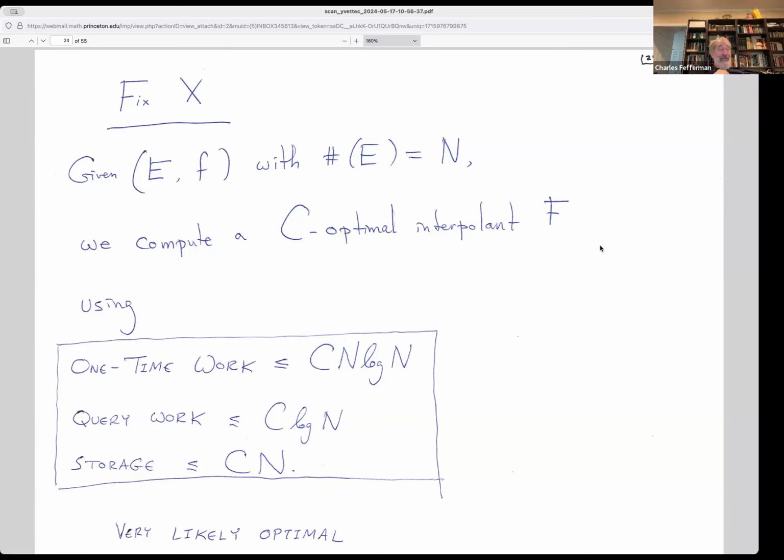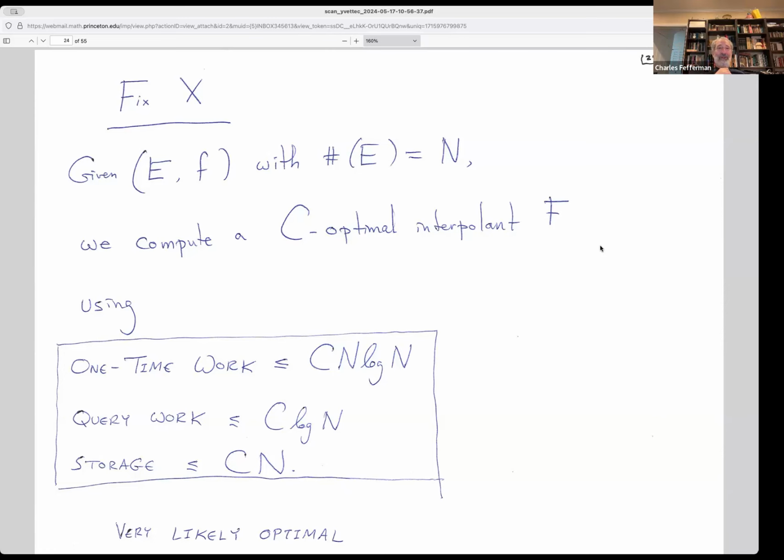And if you do that, the storage is N, within a constant factor of optimal. So theoretically, this is optimal. It always works, and it makes minimal use of computer resources. And isn't this wonderful? And isn't it useful?